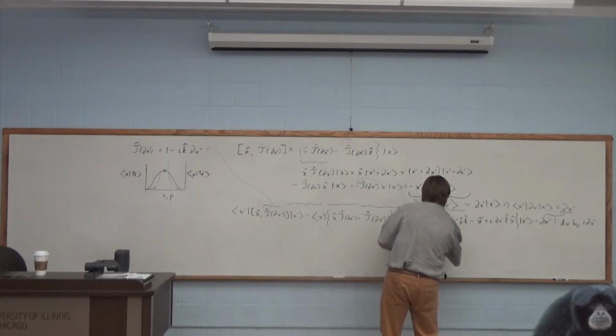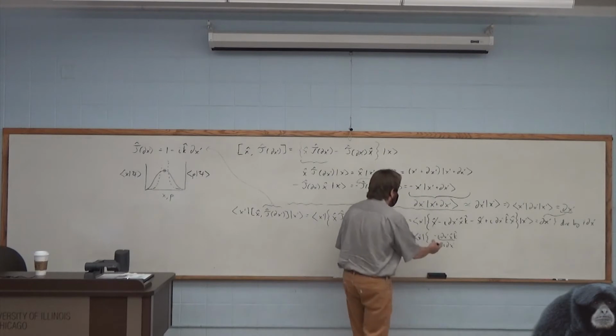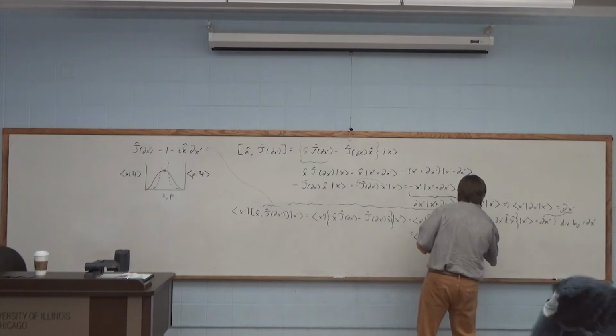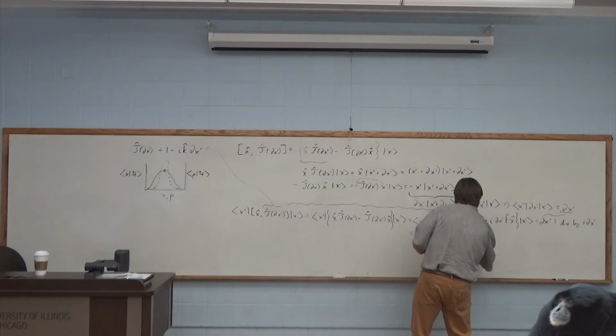I x k over. So notice I've got minus xk plus I dx minus kx over I dx.